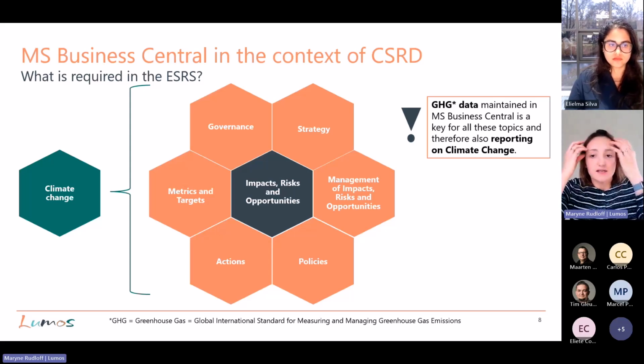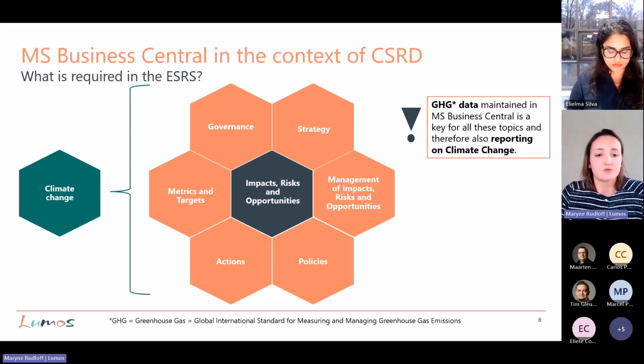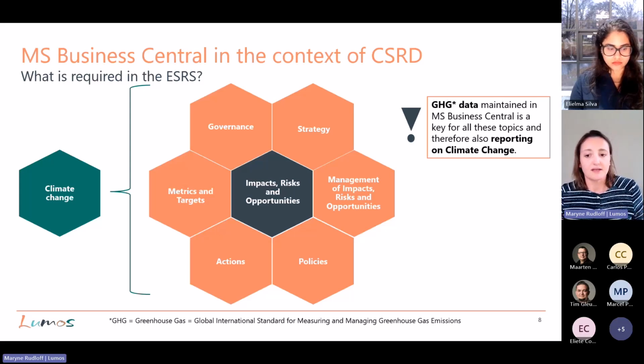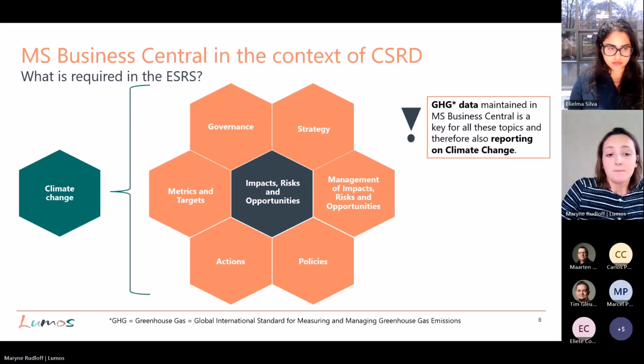Looking at the governance side, basically you will need to report on the processes and how you manage your impacts, and the strategies, what you do basically to make sure that your greenhouse gases are going down, and the policies that you write on it, and the actions that you're taking.